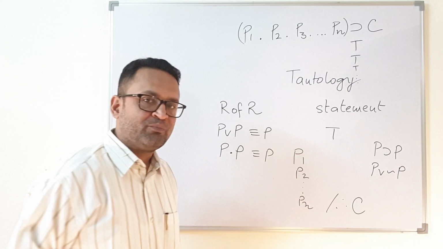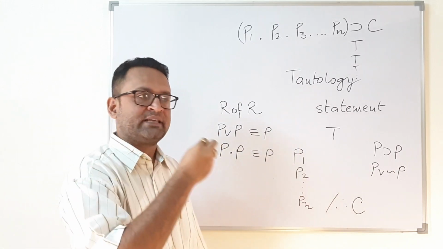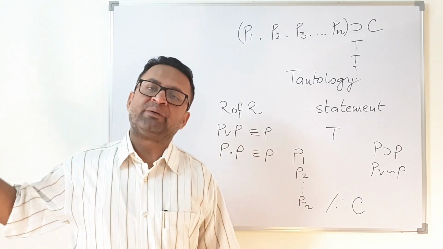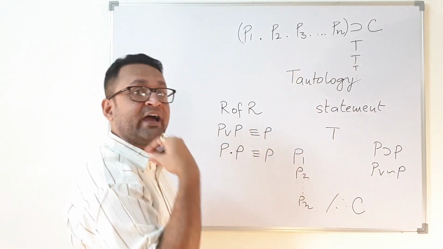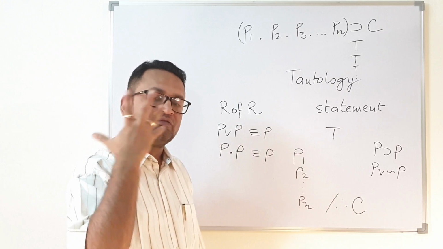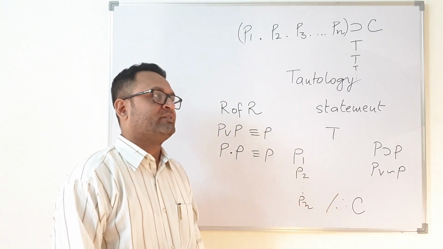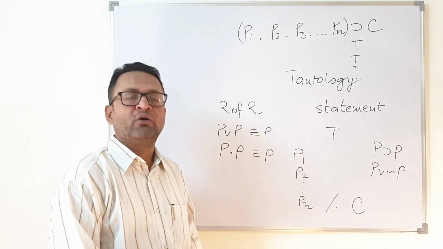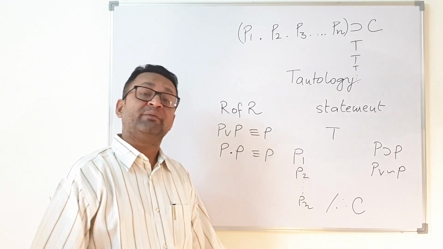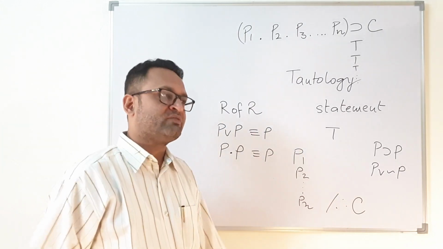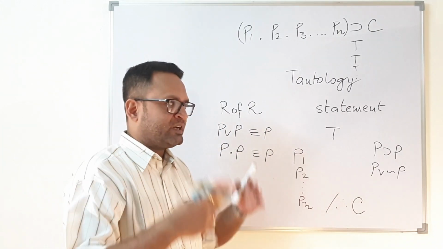But now I can tell you that if there is a tautological statement, you do not need premises. This in itself becomes a valid argument form, and this is what we need to prove. That is what Copi also says, that if you find a tautology in the conclusion, then there is no need for even a premise. Forget about whether the premise is true, false, or a contradiction.